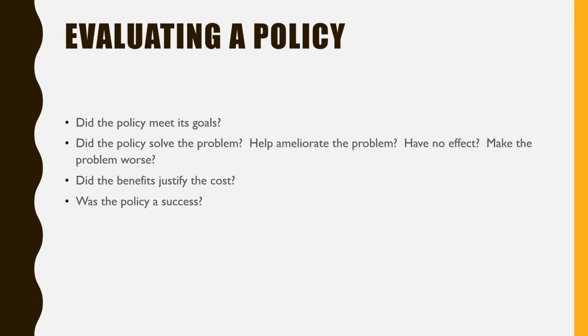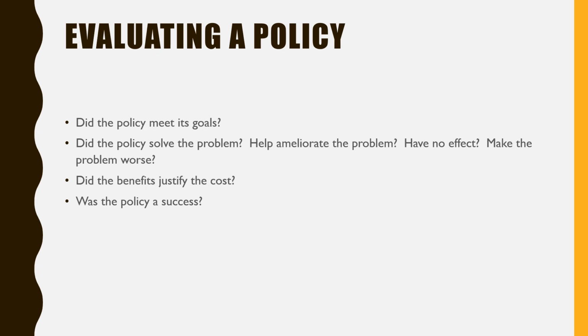We're going to learn about how most policy change in the United States occurs in the form of incremental changes, tiny improvements that are found over time. And a lot of this is because of the evaluation of a policy. Sometimes a policy evaluation leads to the recognition that a problem exists and that it's not being solved by current policy. And sometimes policy evaluation says we can just tinker here or there and make things better.